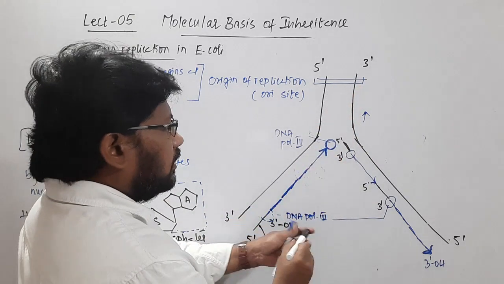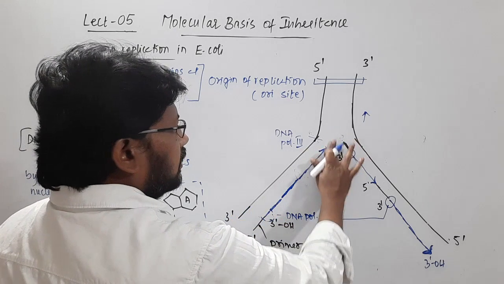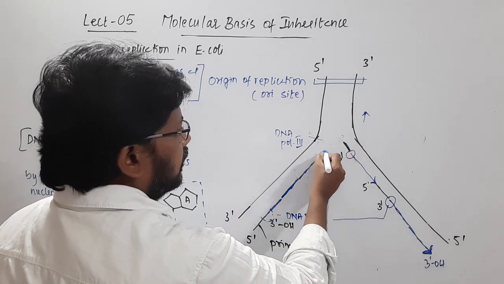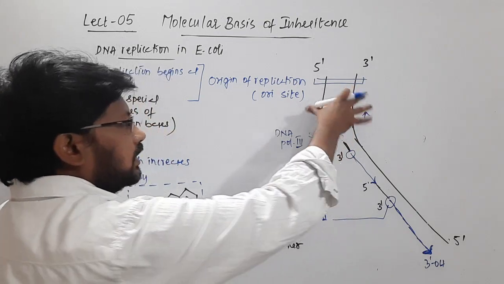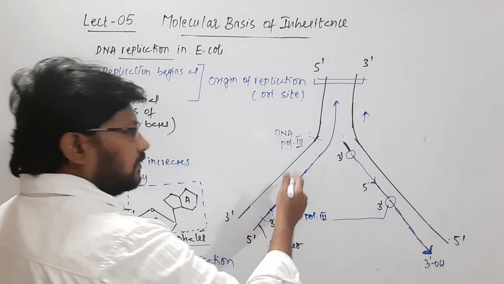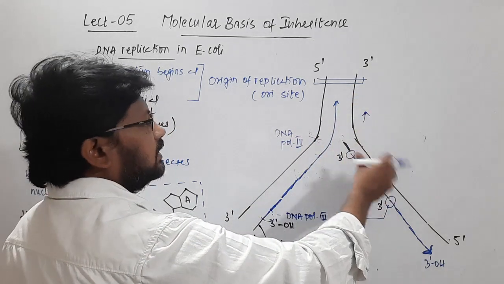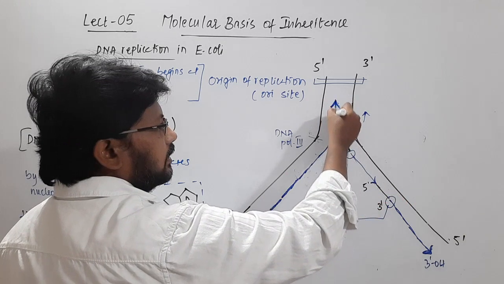Now here the 3 OH end is already available, there is no problem, this will continue. Here I'm not separating it, actually it will separate, but as I need to disturb all this, that's why I'm not drawing again.